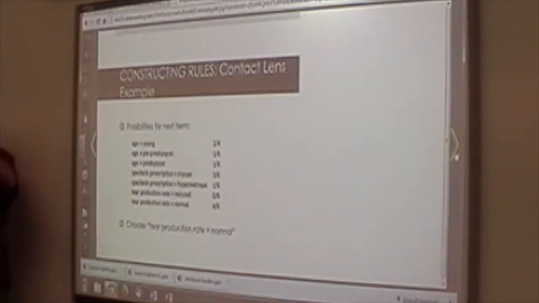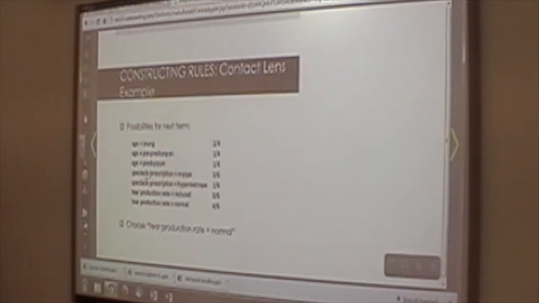If the astigmatism is yes, that was our first branch, so to speak. And now we have the first part of our rule, and the age is young. That restricts us to 4 cases, of which 2 give hard lenses. If astigmatism is yes and pre-presbyopic, there's 1 out of 4 instances with the same recommendation, and so on.